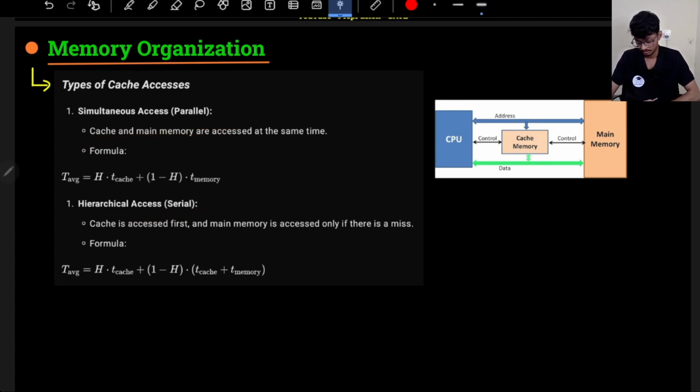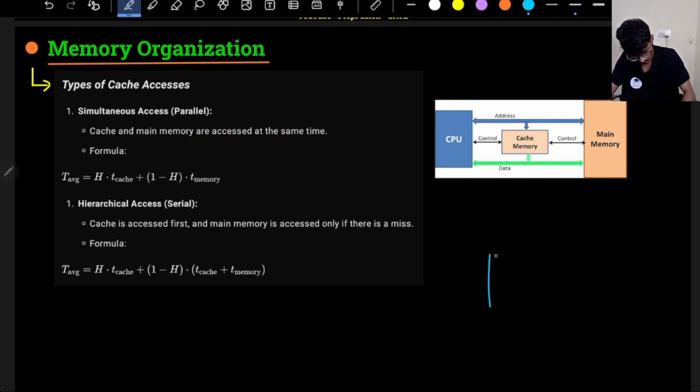Okay, let's read. Cache and main memory are accessed at the same time. So basically, let's say this is my cache memory and this is my main memory.